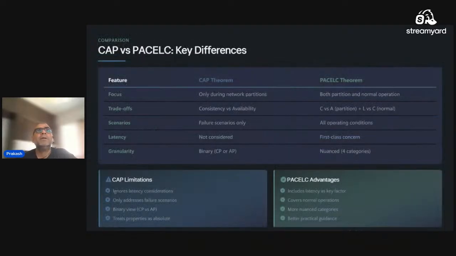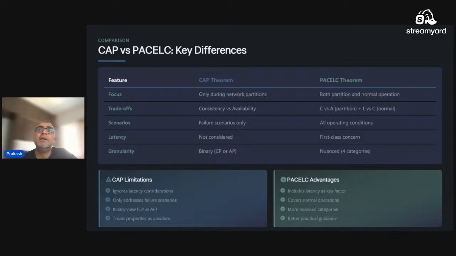Now let's talk about some key differences between the traditional CAP theorem and the extended PACELC theorem. The focus in CAP is primarily on network partitions, and in PACELC they talk about both normal operation as well as partitioning scenarios. For the trade-off, you choose between C and A, and from there you can have L versus C. So normal operations and partitioning options are both covered. It's for all conditions, not just failures.